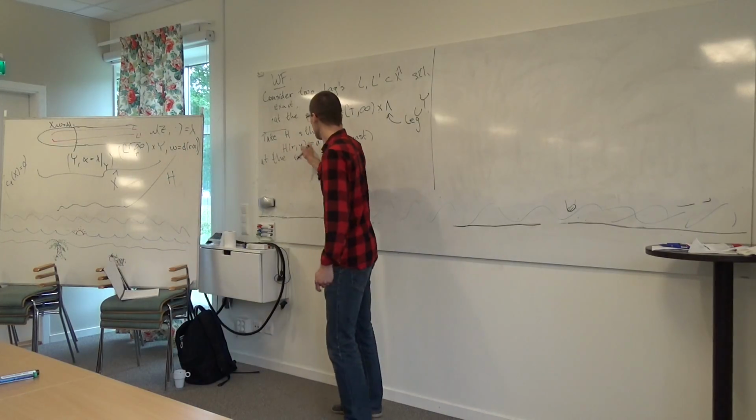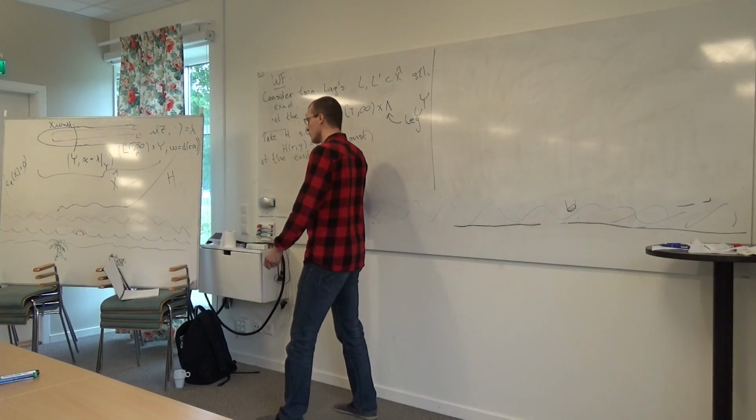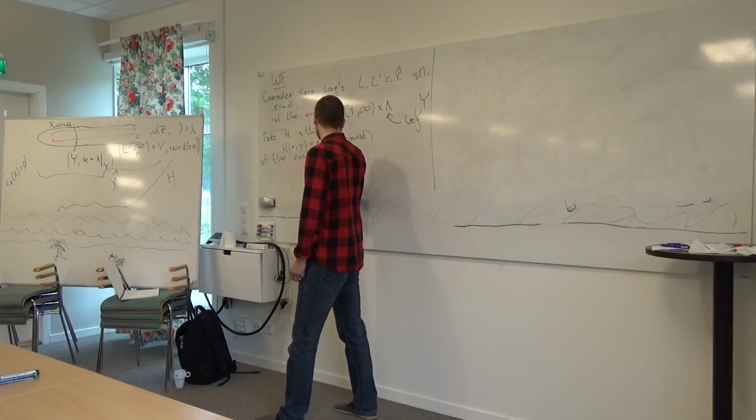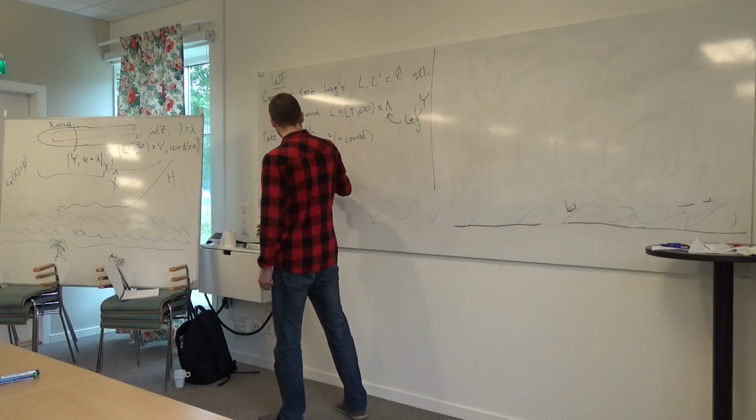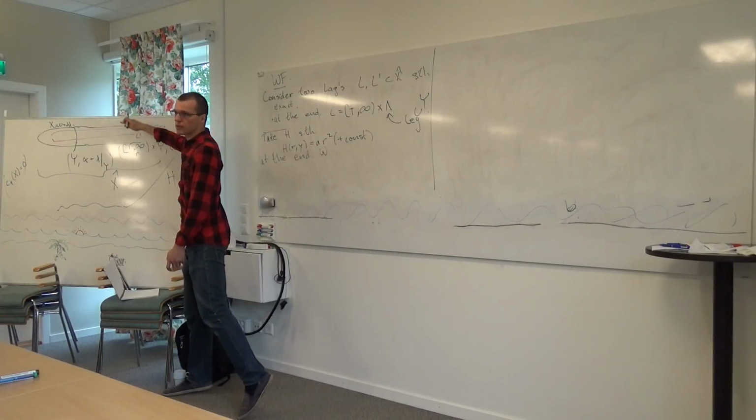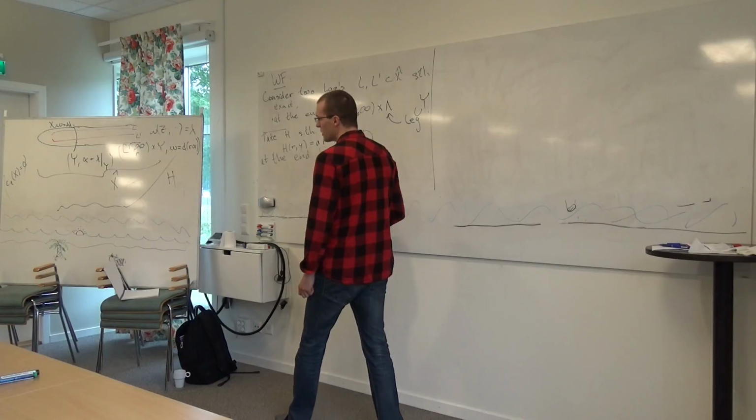So we take h which is quadratic in R, and we will use it to push one of the L's to generate many intersections at the end.